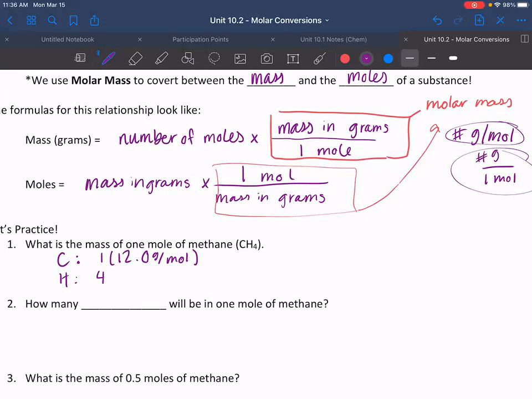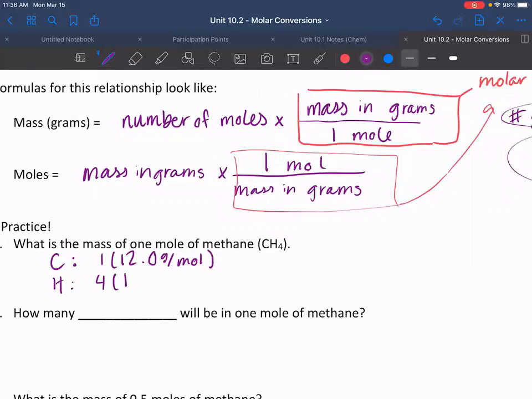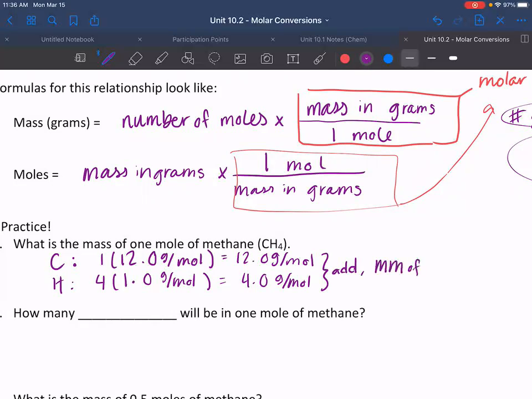We have 4. So 4 times the mass, which is 1, so we will get 4.0, and 12.0 from carbon. And so our last step here is to what? Exactly. We add these together. So our molar mass of CH4 is equal to 16.